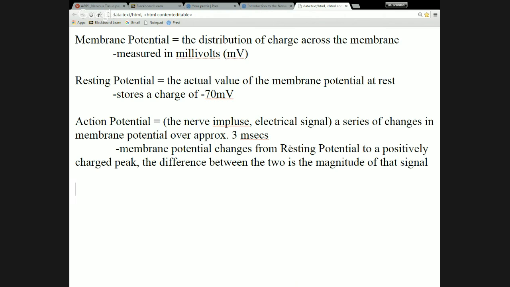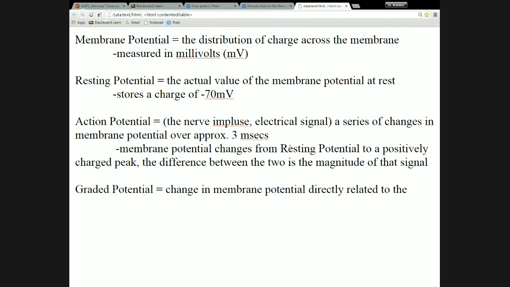Now, I want to define a couple of other terms that came up earlier as I was showing you the example there. One is the graded potential, and this is a change in membrane potential directly related to the strength of a stimulus, which is to say, very cold water will cause a big change, and just slightly cold water will cause a little change.